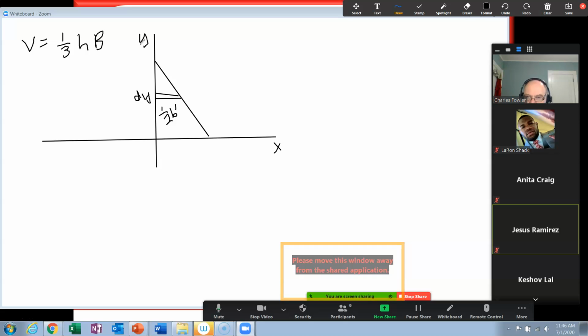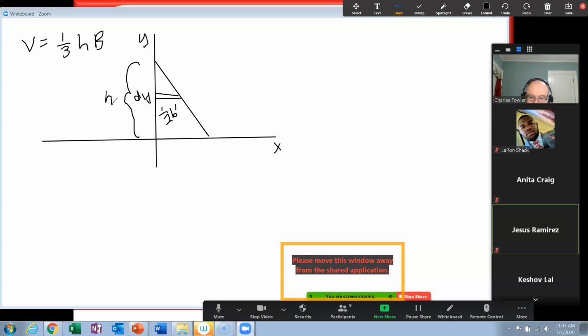Other things to note here is this height here. This is the height of the pyramid. I can't draw my brace very well. That is your H. So we're going to be integrating y's, because you have your dy here, from 0 to h. Just to give you an idea.